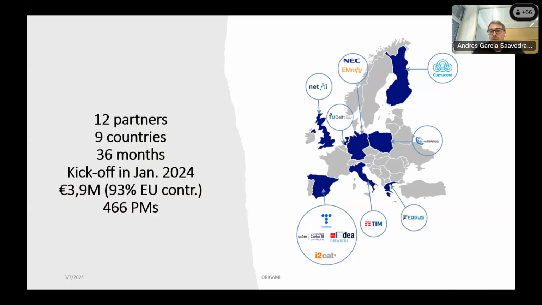And we have two vendors, NEC and IS Wireless. And we have four SMEs from Norway, UK, Spain, Greece, and we have four renowned research institutes and universities like TU Delft, University Carlos III in Madrid, or India Networks.